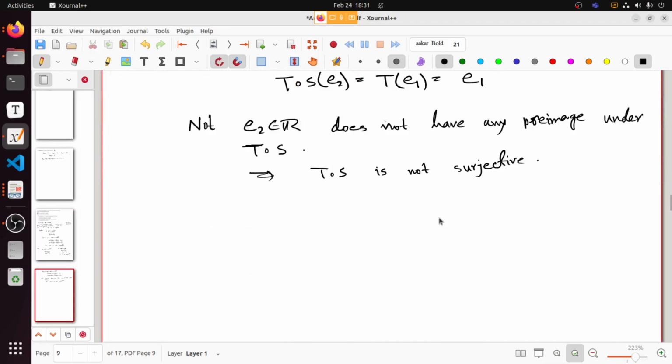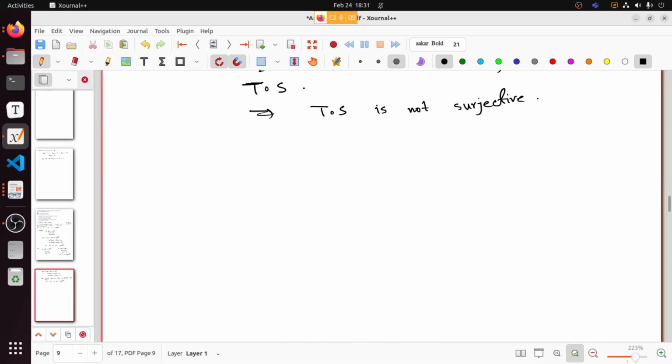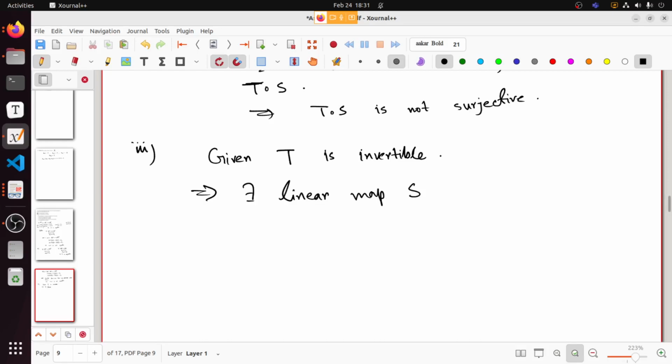Okay, let's see. Option number 3. Given that T is invertible, right? What is the meaning of this? Because T is a linear operator, for linear operators it is called invertible if there exists a linear map S. Suppose T is from V to V, because it should be a self map, right?